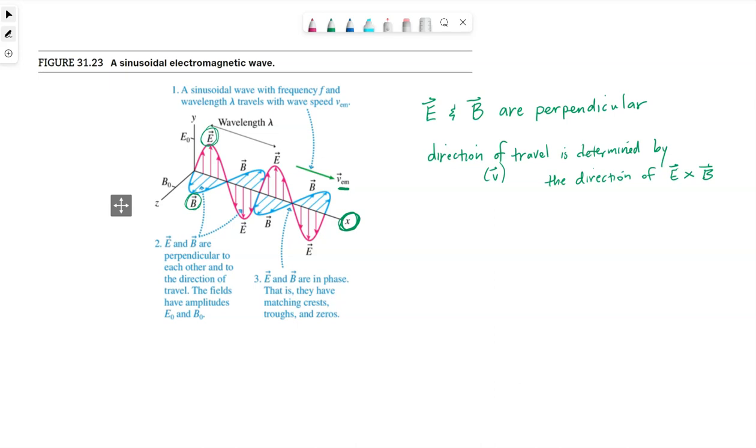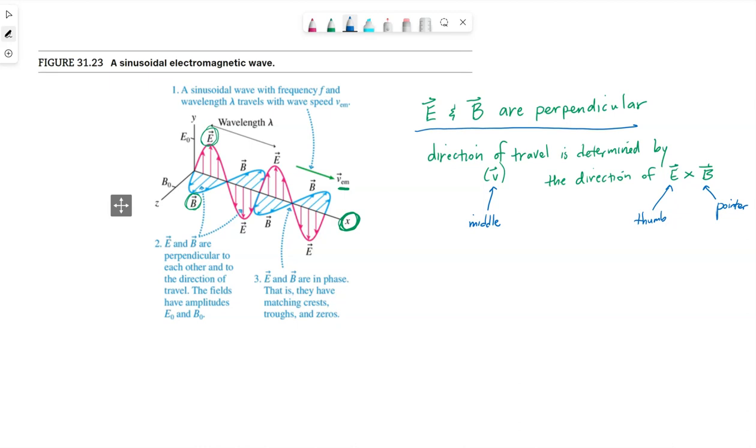So right-hand rule, same one we were using in previous chapters in terms of cross products. If we put our thumb of our right hand in the direction of E and our pointer finger or index finger in the direction of B, our middle finger, if we're holding it perpendicular to our thumb and pointer finger, will give us the direction of V. Okay, so E and B are perpendicular to each other.